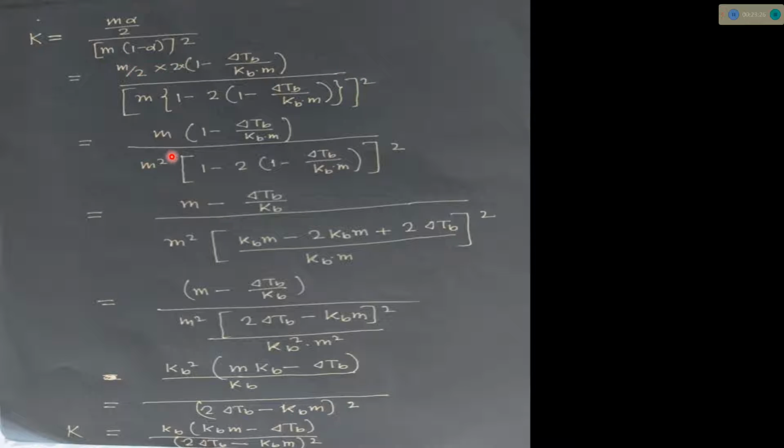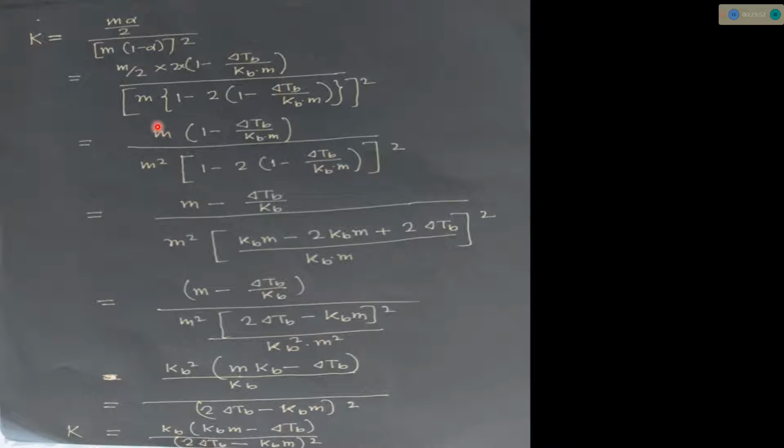Now these 2 cancel out, m into 1 minus del Tb upon km. This m square goes outside, and inside 1 minus 2 into 1 minus del Tb upon kb into m. So now we can write m.